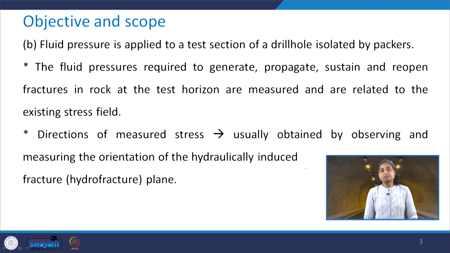The second objective and scope includes the fluid pressure which is applied to a test section of a drill hole and isolated by the packers. The fluid pressures which are required to generate, propagate, sustain and also reopen the fractures in the rock at the test horizon are all measured and related to the existing stress field.